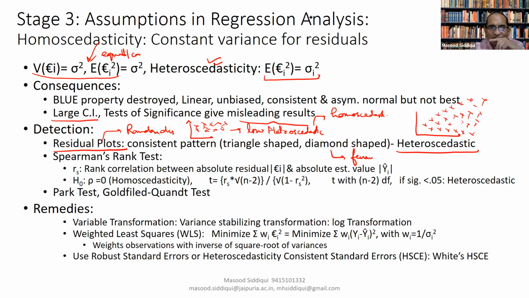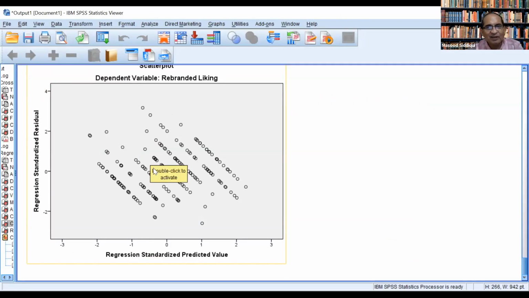So let me show you again. Here we are not having any funnel, diamond or triangular shape, so we can say we have a random pattern. So this is the case where homoscedasticity is taken care of.